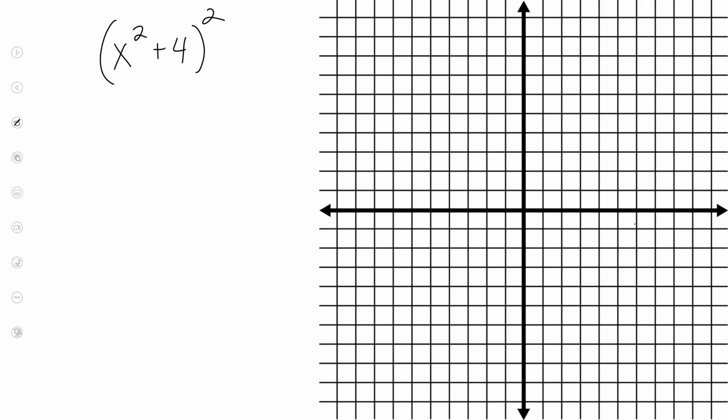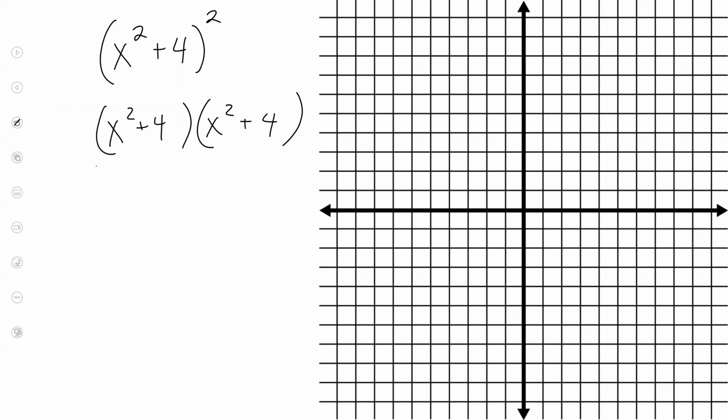Okay, so this squared, what does that mean? Did any of you guys distribute the 2? No, you're not supposed to distribute that 2. This 2 means you have 2 of them. That means you're going to have 2 parentheses. This is x squared plus 4 times x squared plus 4.